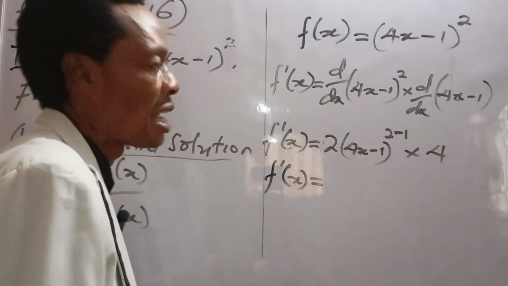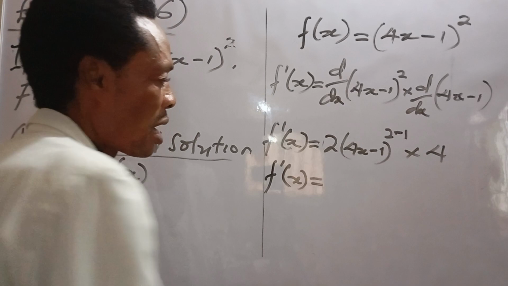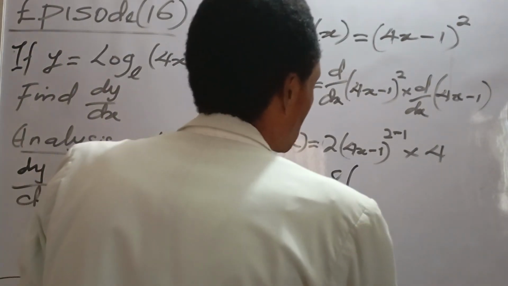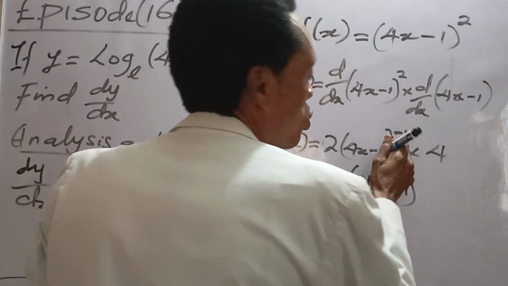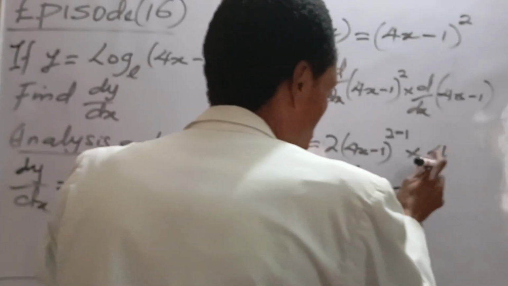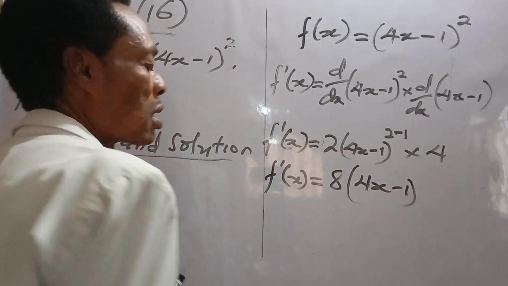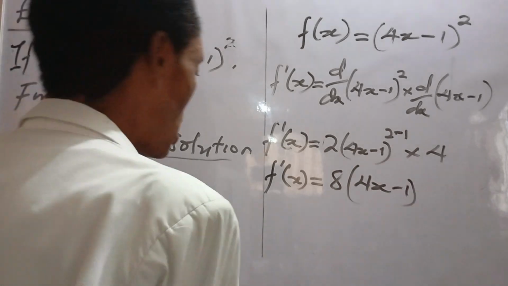The next thing you do is to use the 4 to multiply with the outside 2 here, which will give you what? 8. Then 2 minus 1 will give you 1, so you leave it like this. So your dy/ds equals 8 times (4s minus 1).